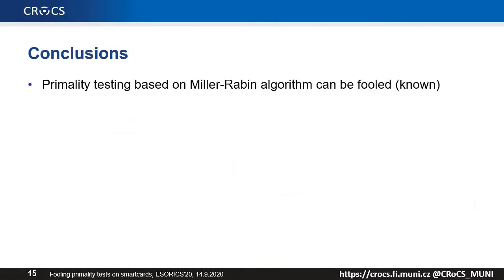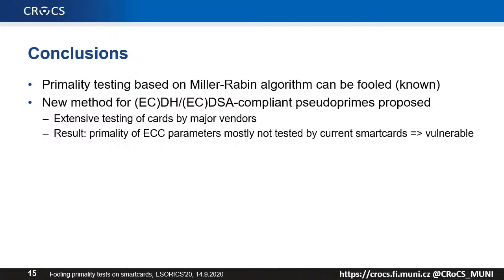Nowadays, you can't. To conclude, the fact that primality testing based on a weak implementation of the Miller-Rabin algorithm can be fooled is well known, and there is a body of interesting research showing that this is a real-world problem in the white box scenario where you do have the source code of the targeted implementation. We move this into the domain of black box devices where you are missing the source code.